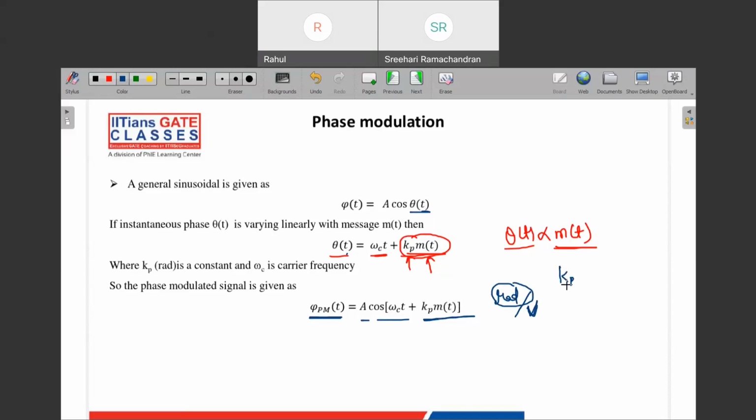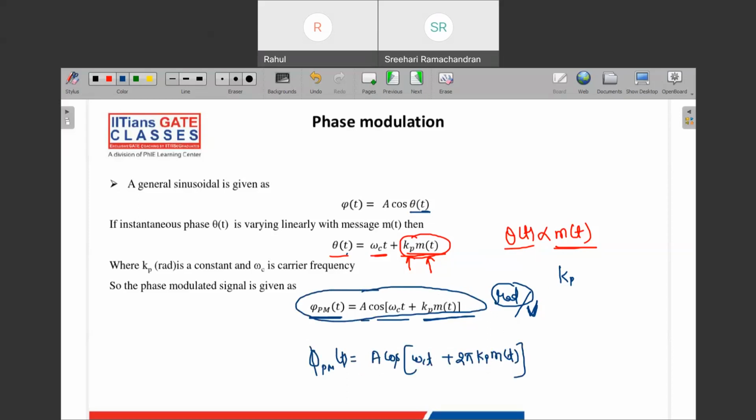Here I have assumed the unit of Kp to be radian, but in some questions the unit of Kp can be hertz. In that case, you need to change this hertz to radian per second. You should use this formula if Kp is in radian, but if Kp is given in hertz, the phase modulated signal will be given as cos(omega c t plus 2 pi Kp m(t)).